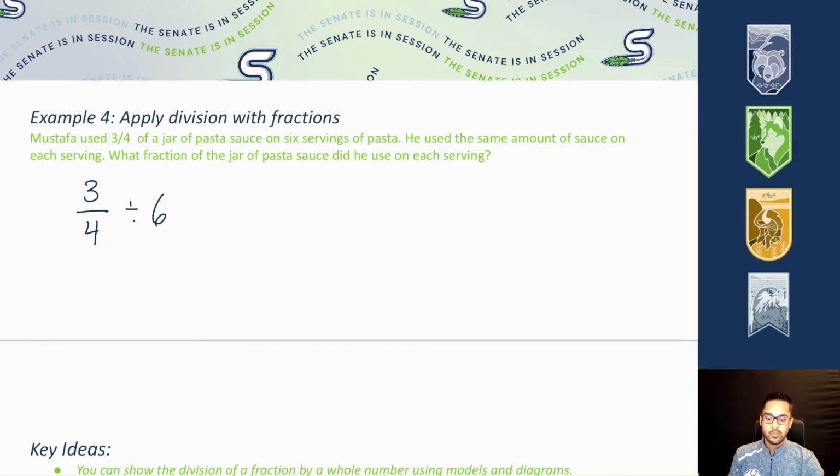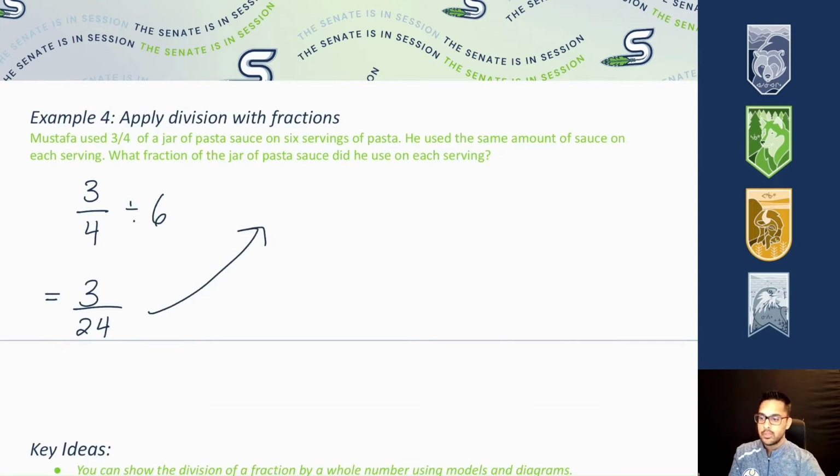I'm going to use the rule we just talked about in the sense that I can take my whole number, which is the 6, my denominator, which is the 4, and those can be multiplied together for our new denominator of 24. The 3, which is my numerator in the beginning, stays as the numerator after you divide. Okay, so 3 out of 24 is what I'm going to end up with, and we can reduce that further.